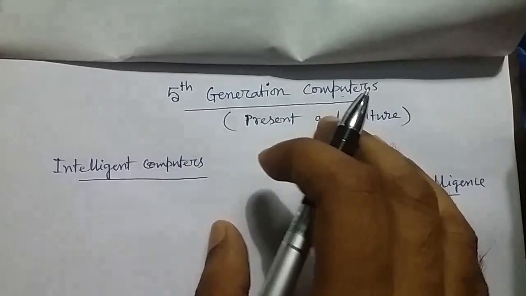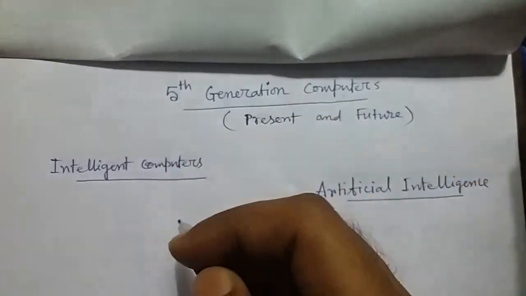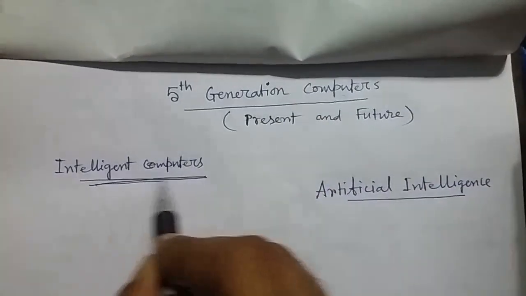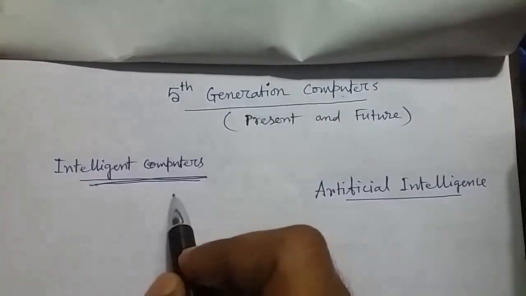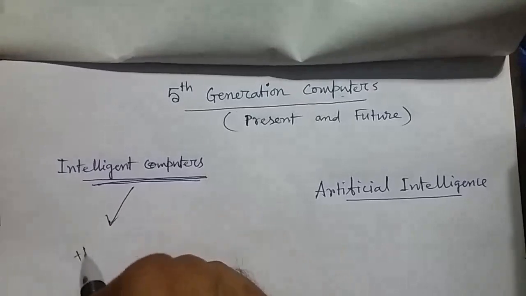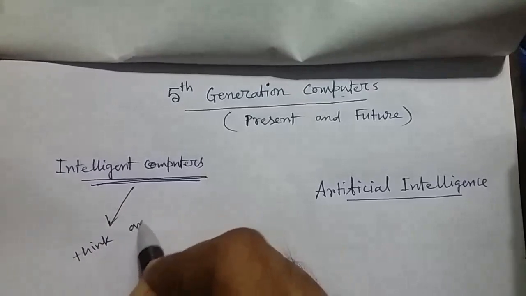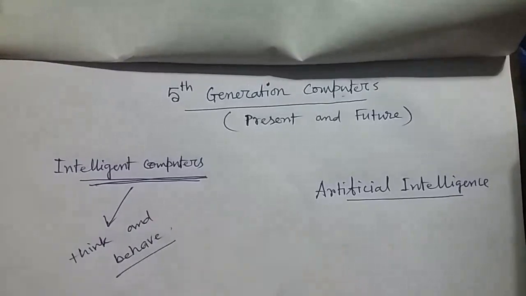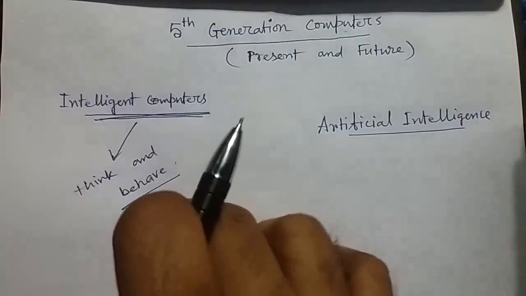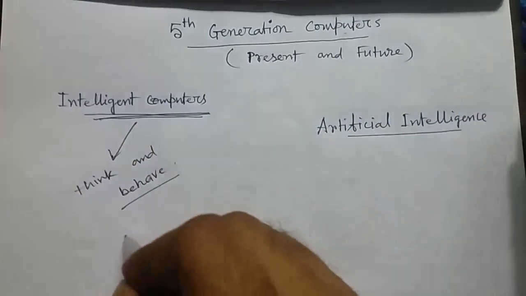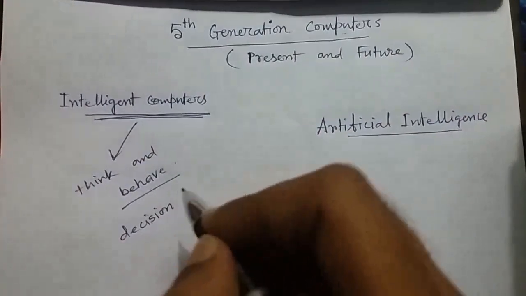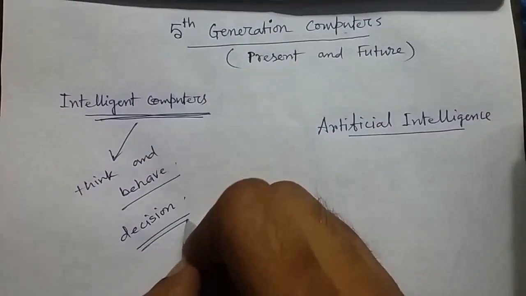That is the reason nowadays scientists are working to design intelligent computers, that can think and behave like human beings and can take decisions on their own.